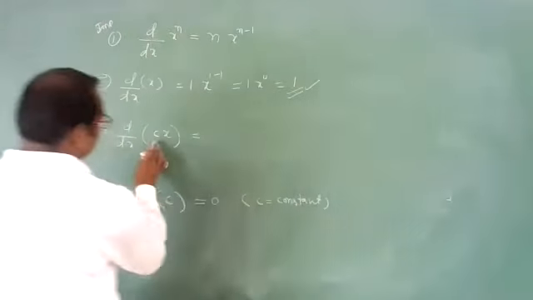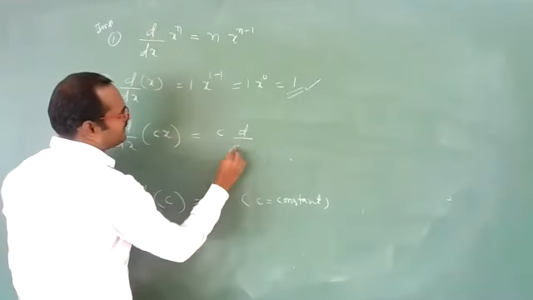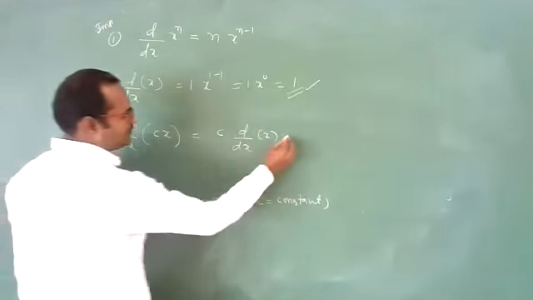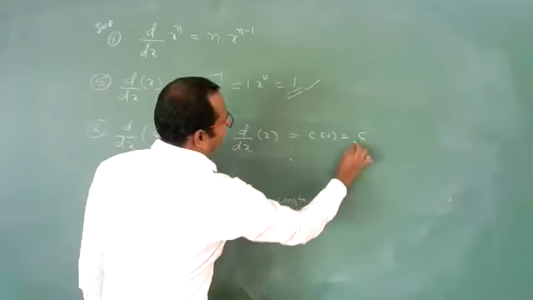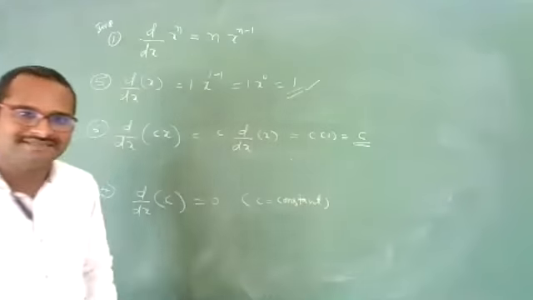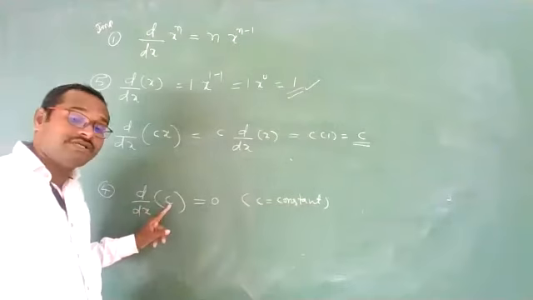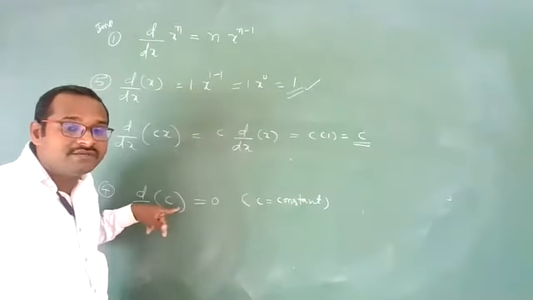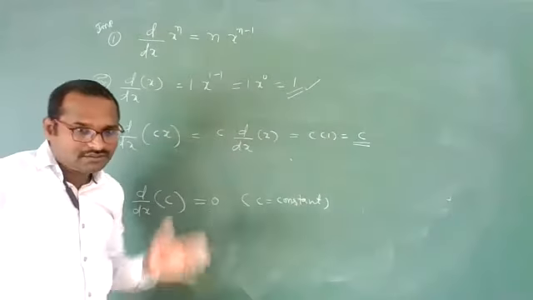C is a constant, you take it outside, and d by dx of x means you will get C into 1, which is nothing but C. But if you differentiate a constant term, you will get 0. But if the constant is multiplied with one variable, that is with x only, then you will get C.